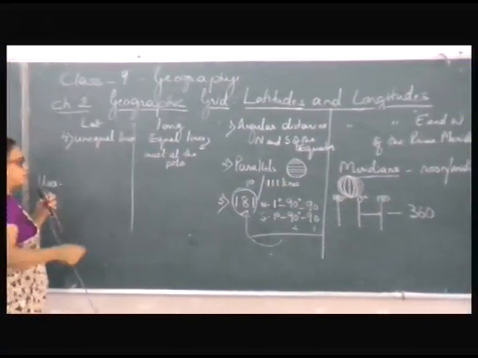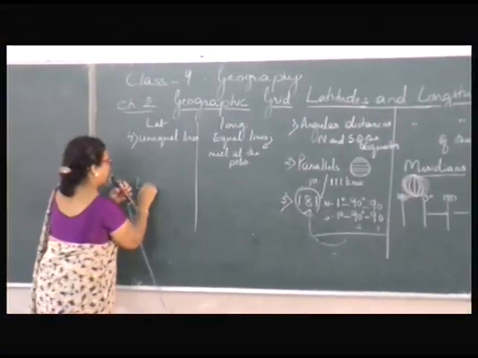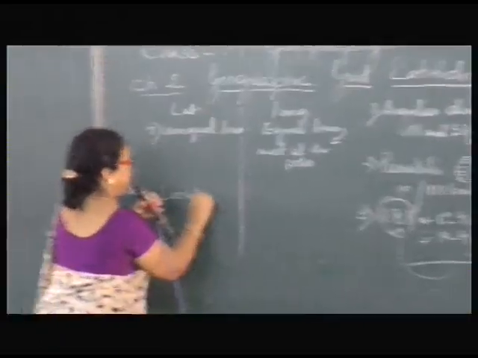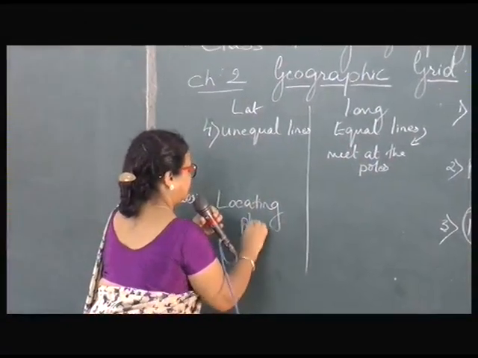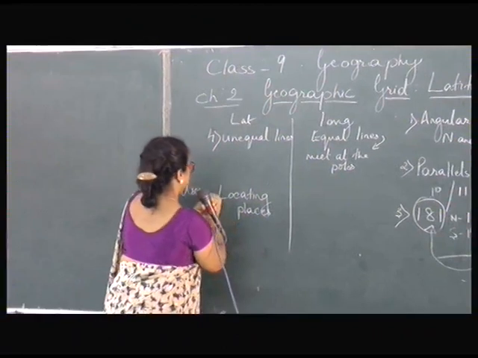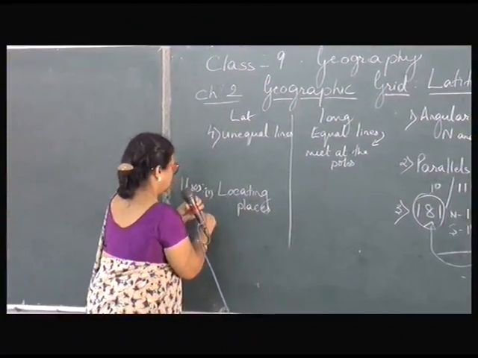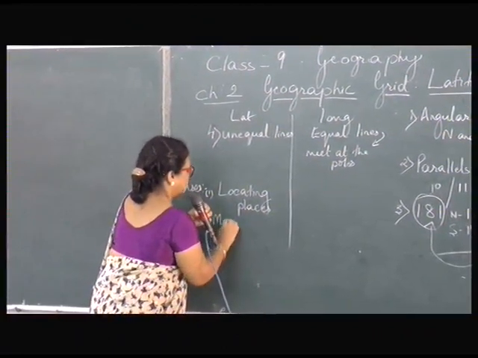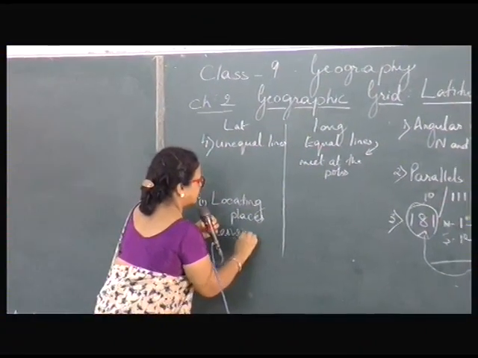Now latitudes are used for locating places. This is one use. Number one use. Secondly, for measuring distances.